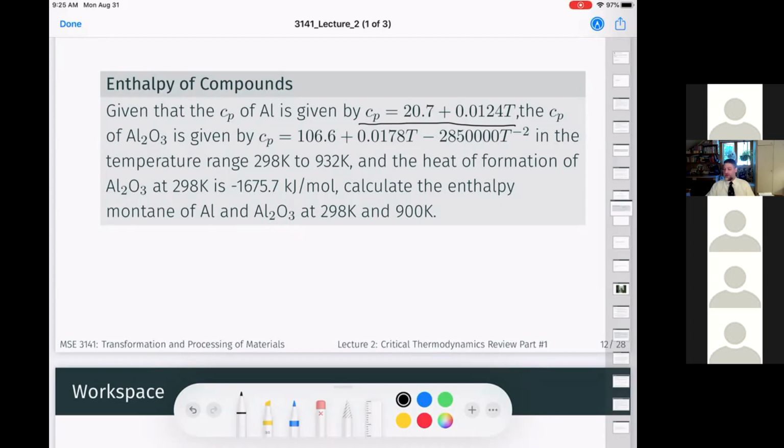If you can see the one for alumina, we have a constant term plus a linear term here, and then we have this 1 over T squared term with a very large number out front, right? What about the nature of the specific heat that lends itself naturally to this type of form?